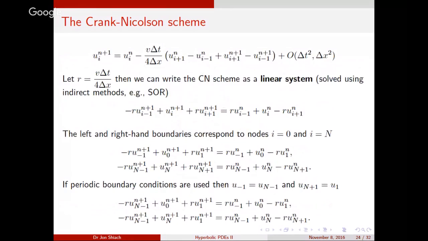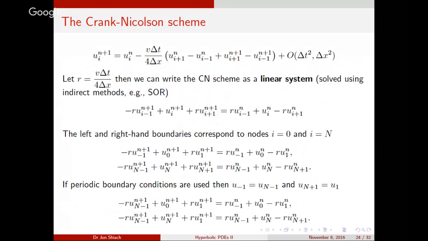I'm not going to ask you to apply the Crank-Nicholson scheme. It's a bit too involved, but I will go through the basics. So there's our scheme, and just for ease of use, I'm going to let R equal V times dt over 4dx, so that this is going to be a constant. What I've done is put all the n+1 values onto the left-hand side.